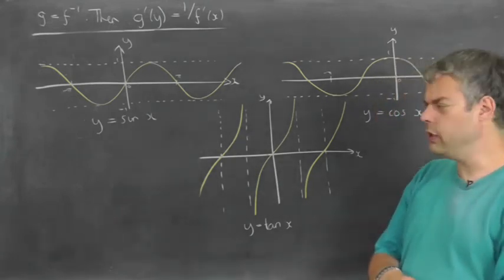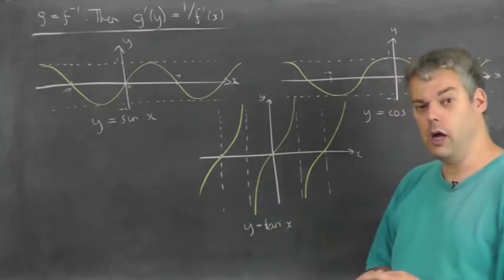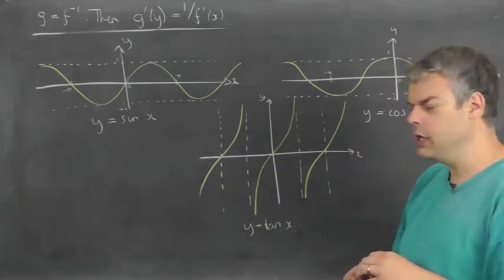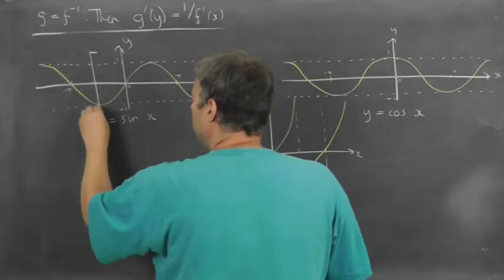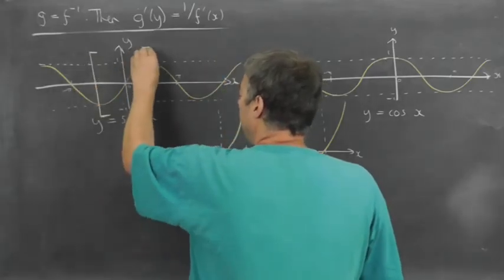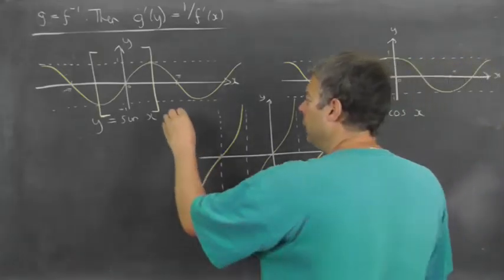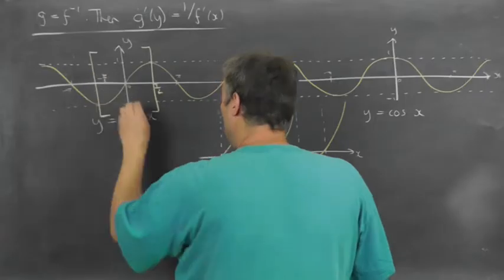So exactly as for y equals x squared, we're going to miss out almost all of the possible x values, and we're simply going to take all the x values here between minus pi over 2 and plus pi over 2. So this is pi over 2 and minus pi over 2.